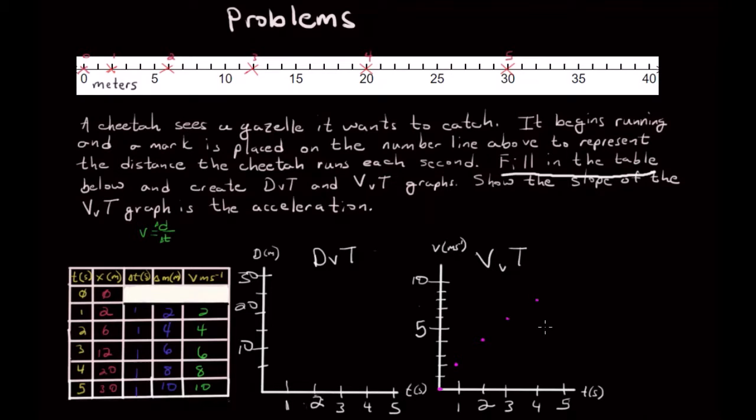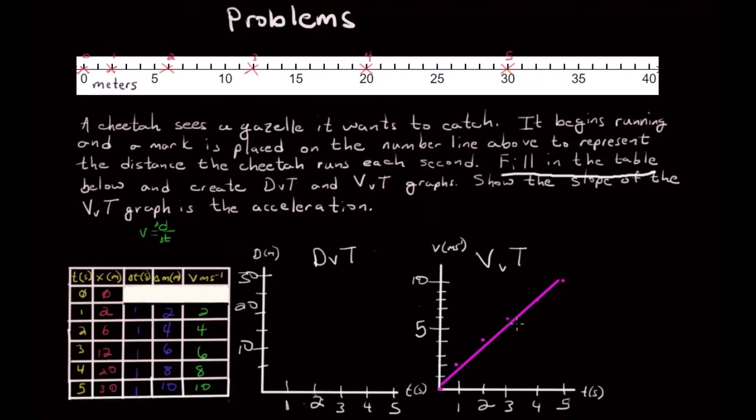And 5 is 10. I didn't draw these dots in a very good place, and I didn't have the markings very even, but we basically have a slope line like that.